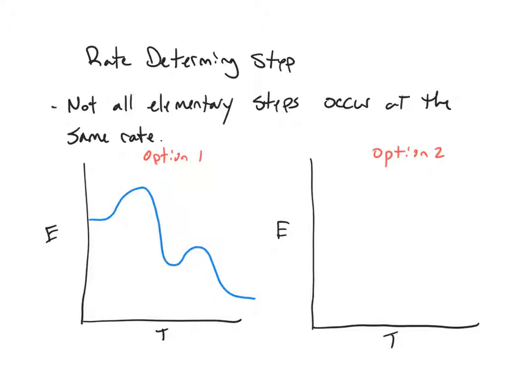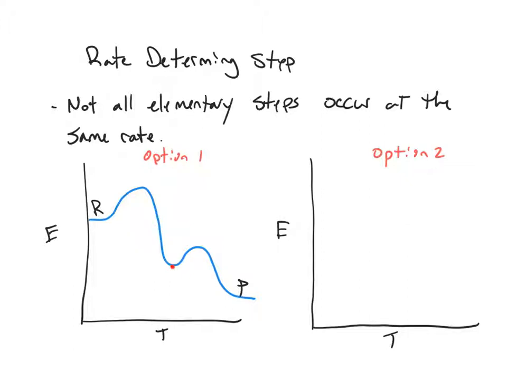What you'll also notice is that the elementary steps actually are slightly different heights. This one is taller than this one. If you measure the distance between the reactants as they begin, and we'll label this right here as the R for reactants and P for products, where the reactants start, the energy at which they start is high. When it gets to this point, this is activated complex 1. This point right here represents the stage in the reaction in which the intermediate forms.